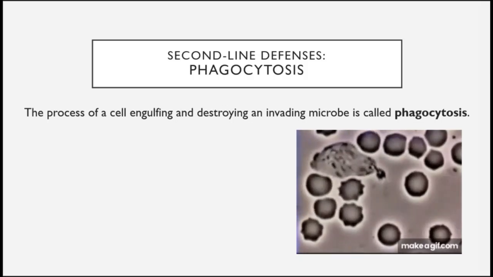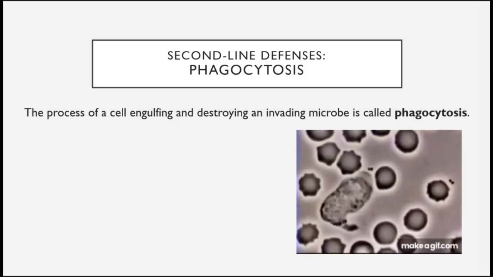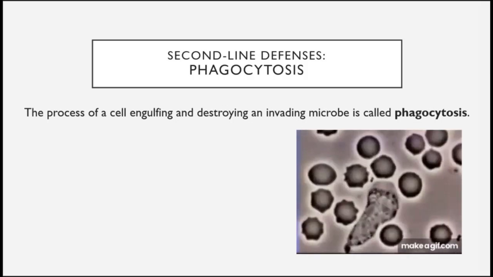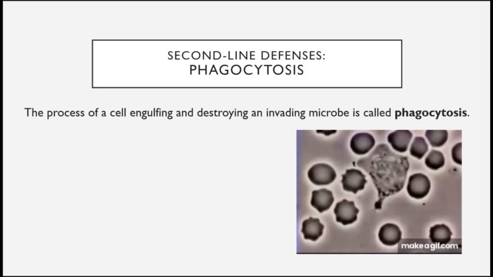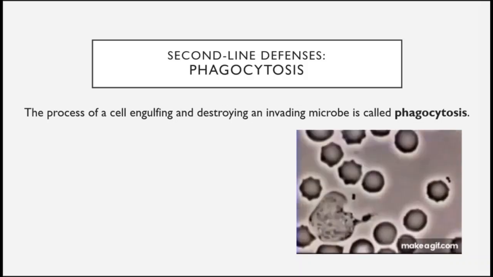The GIF to the right shows an animation of a neutrophil destroying a bacterium in the blood. So the bacterium is the diplococci there, and you can see it works its way, and there it goes. Wonderful.